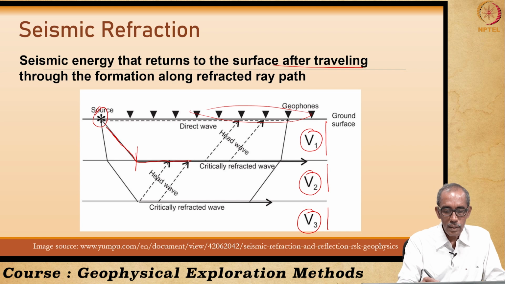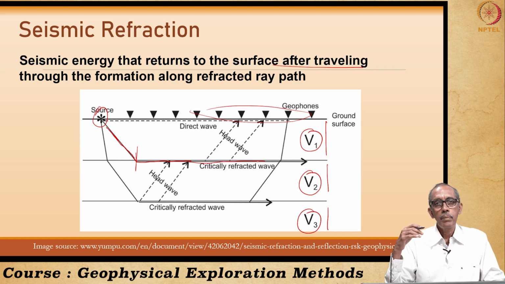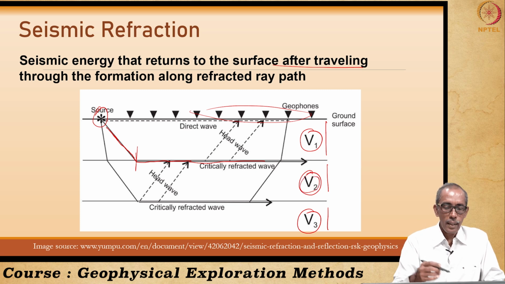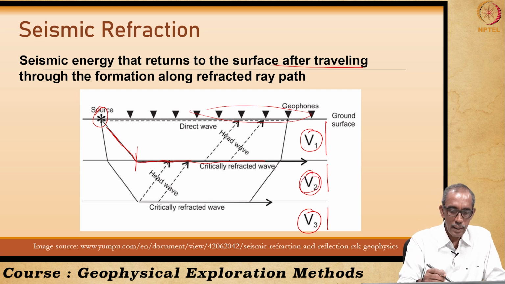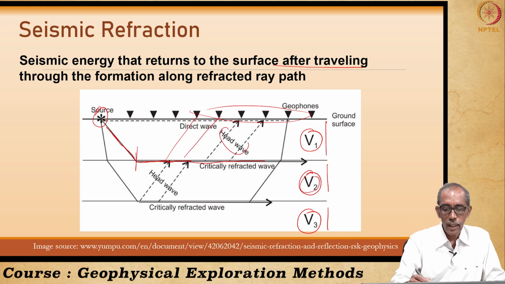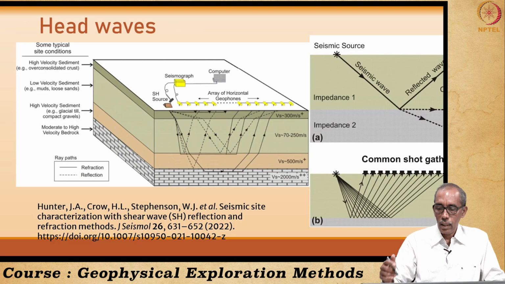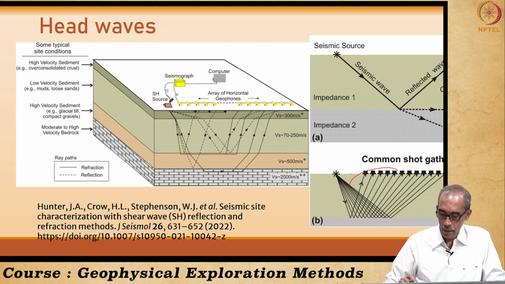So, it travels just beneath the surface, but with the velocity of V2. And as it travels here, the noise shock created by this is also heard by the geophones, right. These are known as head waves. So, head waves are heard by the geophones, right.